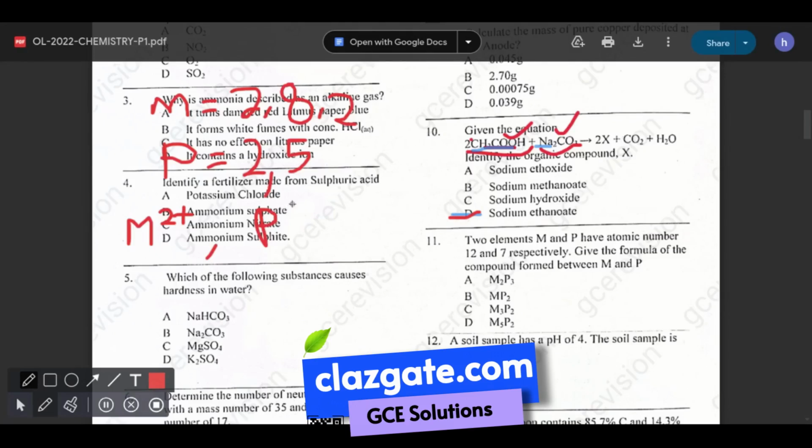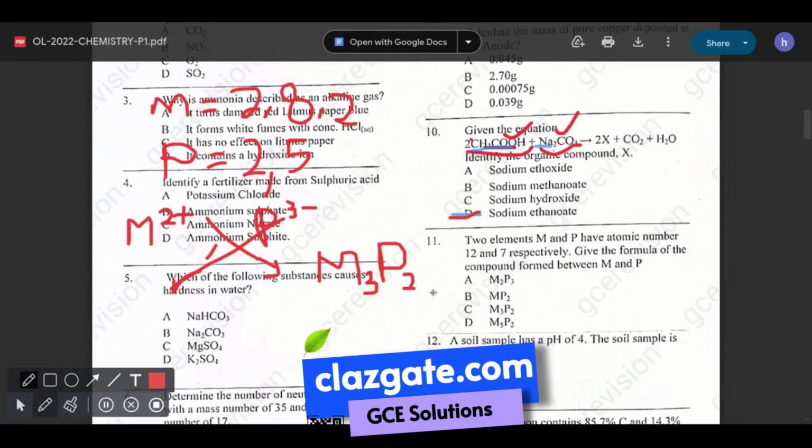P will need 3 electrons to become stable, so the ionic configuration of P is P3-. Because one needs to lose 2 electrons and the other needs 3, these cross each other, and finally we have M3P2.